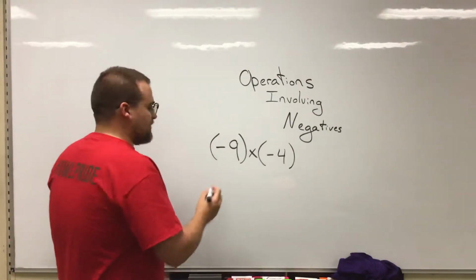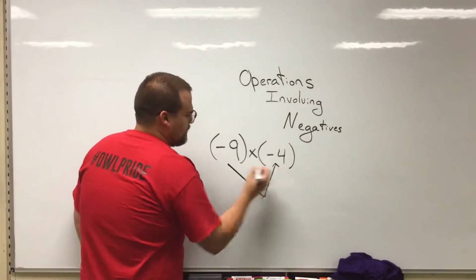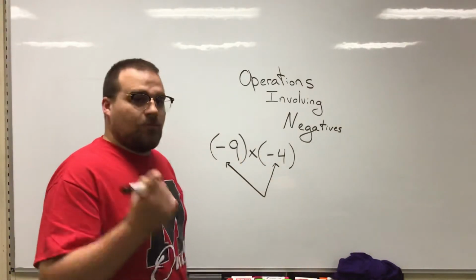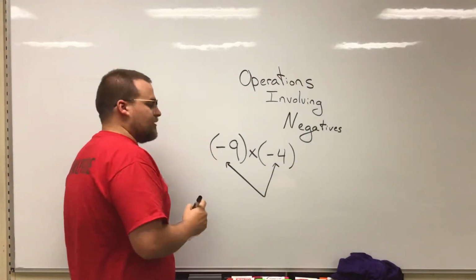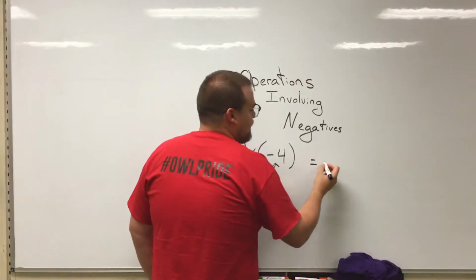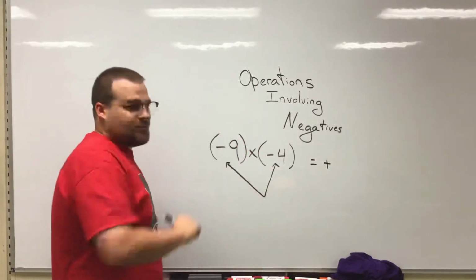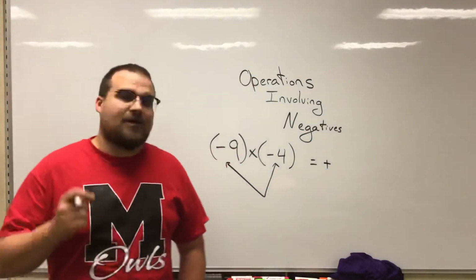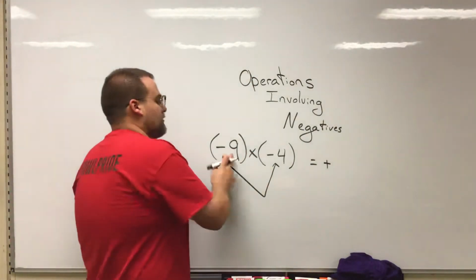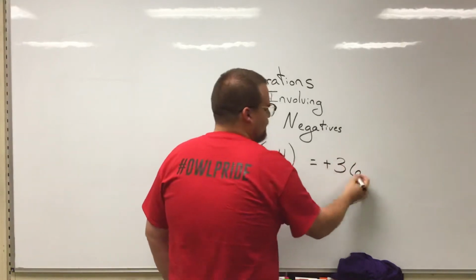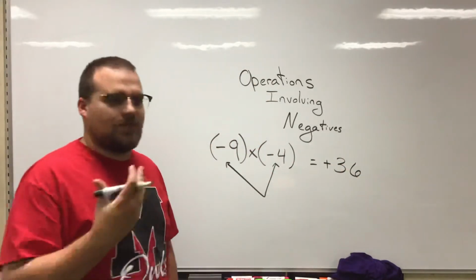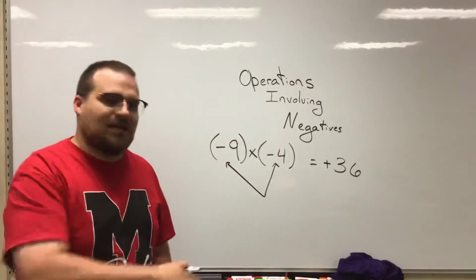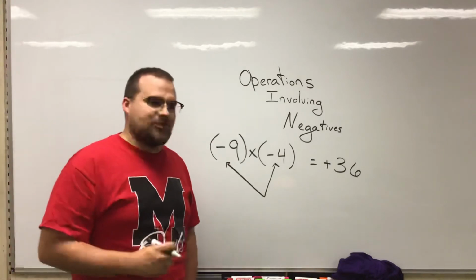But when there's 2 of the same sign, because see, check this out, both of these are negative, -9 and -4. When you have 2 of the same sign, the answer will always be positive, 100% of the time. Whether it's 2 negatives or 2 positive numbers, as long as they have the same sign, the answer will be positive. So 9 times 4 gets me 36, and I know it's going to be a positive 36 because they both have the same sign. This exact same idea applies to division as well.